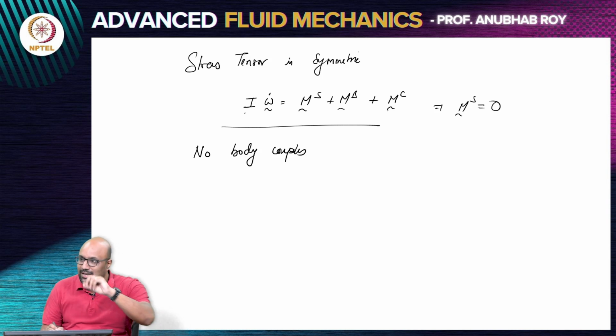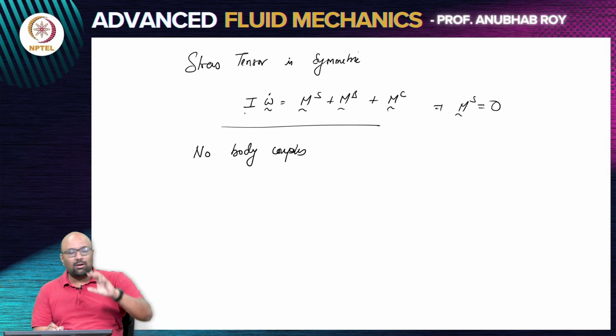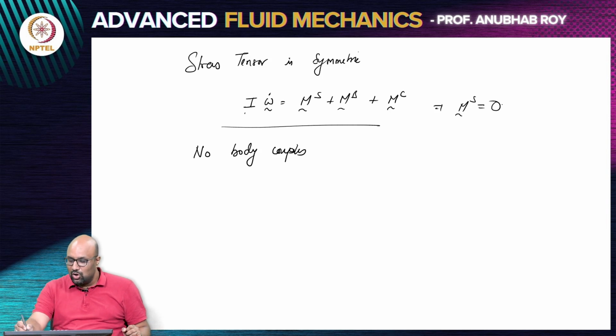If there are body moments or body couples actually present in the fluid, then you would not have this equated to 0, but rather it should be equated to that body couple. Now, when do you get something like this? When would this kind of a scenario arise? Because when you have a body couple, then obviously you are not guaranteed to get the stress tensor to be symmetric.